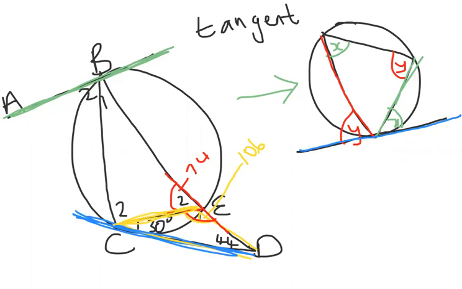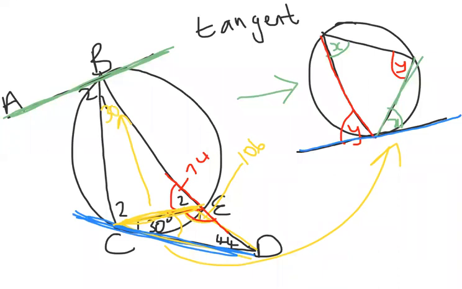As you can see, this 30 degrees looks very similar to this x over here. It's between the tangent, the blue tangent, and this chord. And if we use this theorem, then we say, if this is the chord, then we take that opposite angle. That means that B1 will also be 30.